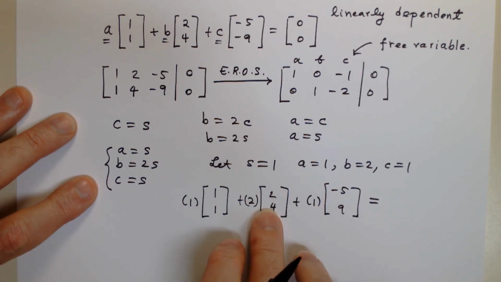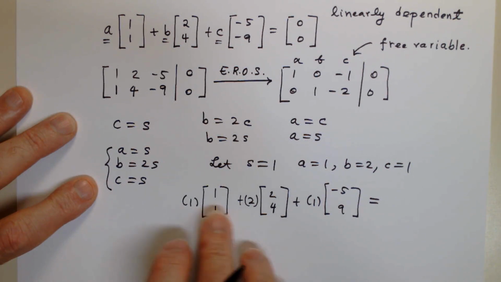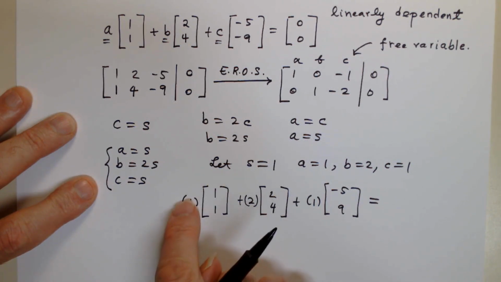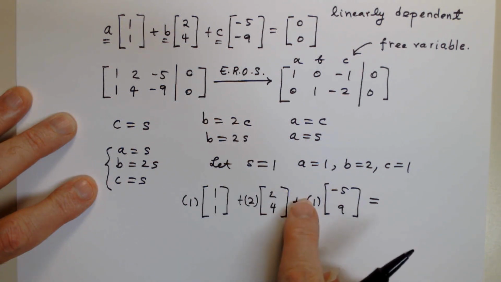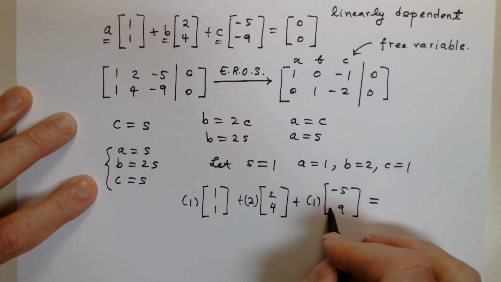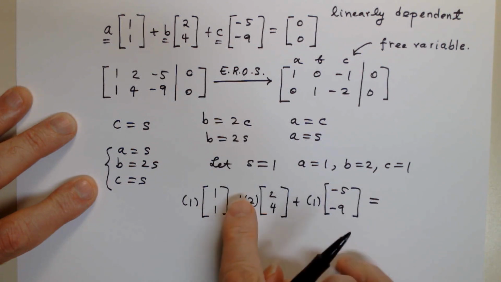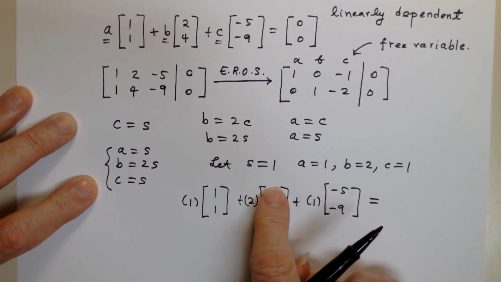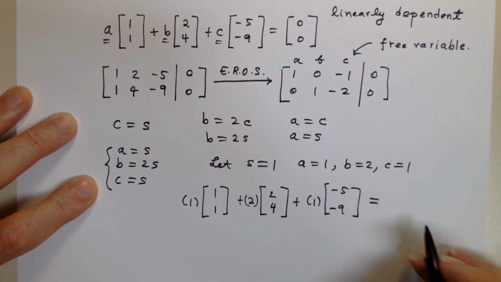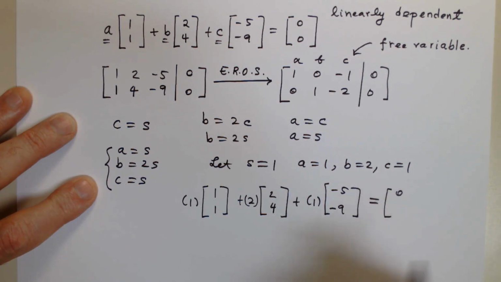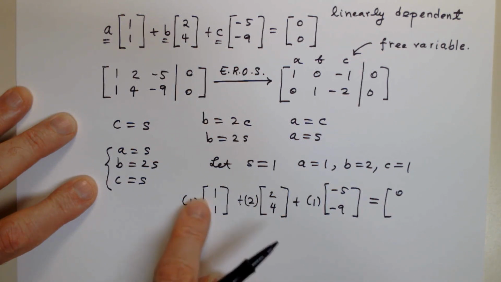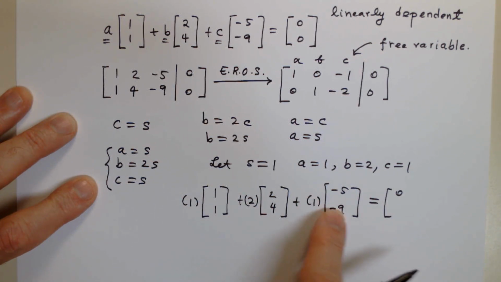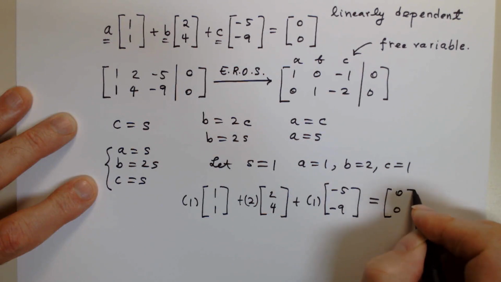That's how we chose the A, the B, and the C. Let's just check. 1 plus 4 minus 5 is in fact equal to 0. So that's giving me 0 on the first component. 1 plus 2 times 4, that's 8. So 1 plus 8, which is 9, minus 9 is equal to 0.